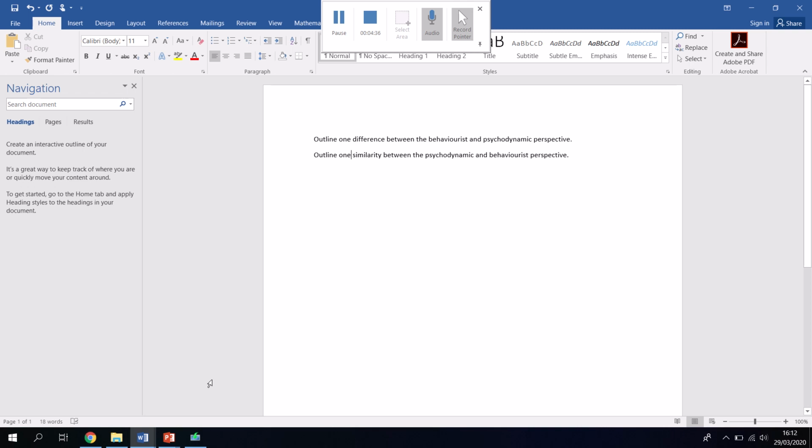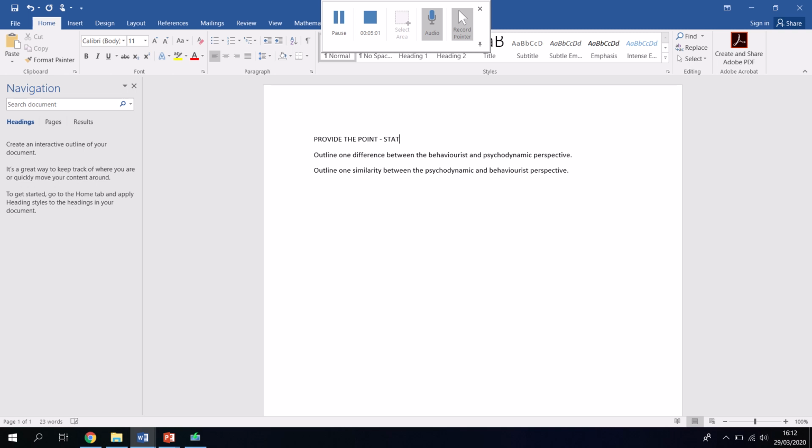Now, you need to be able to write this into answers. I'm going to tell you the structure you need to use. Just like when you complete a similarity difference question between studies, you firstly provide the point.